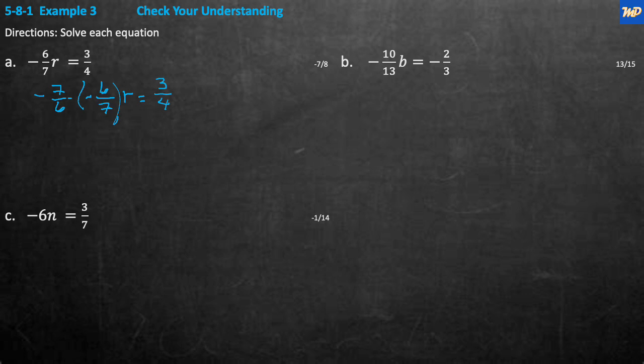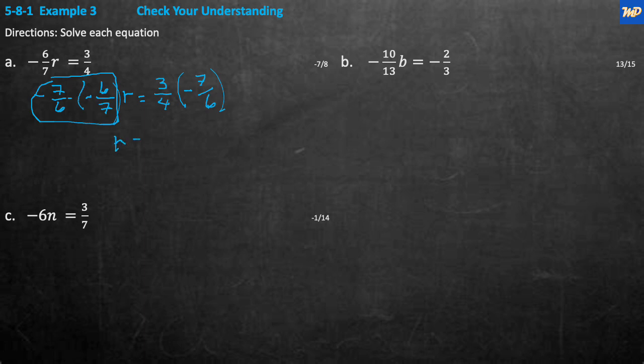And we have to multiply both sides by negative 7/6, and we know now that these two right here cancel each other out. That was the intention. We multiplied by the reciprocal so we could cancel them. So now they're canceled.